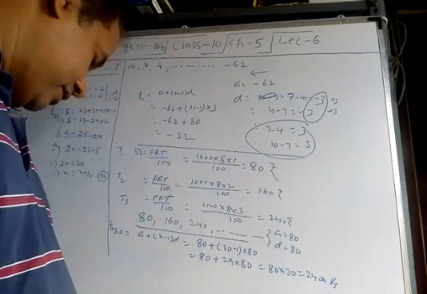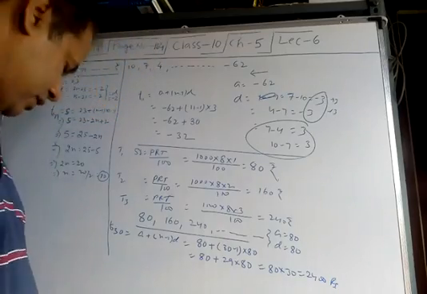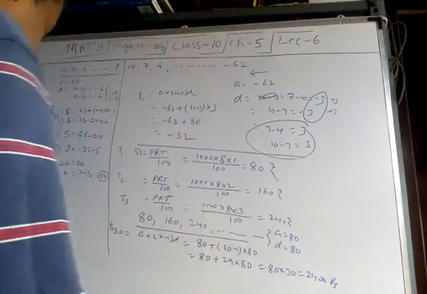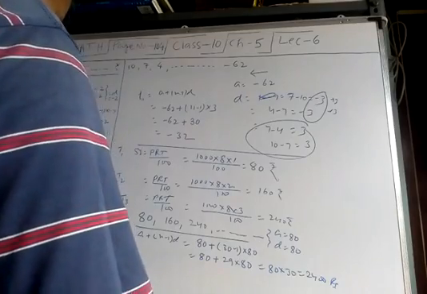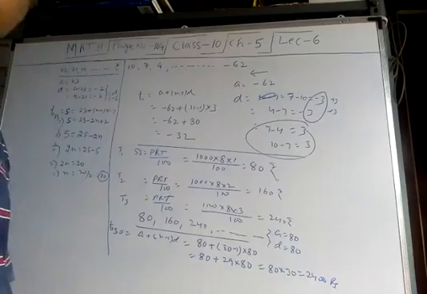It is page number 107 and point 5.4. Sum of first n terms of an AP.